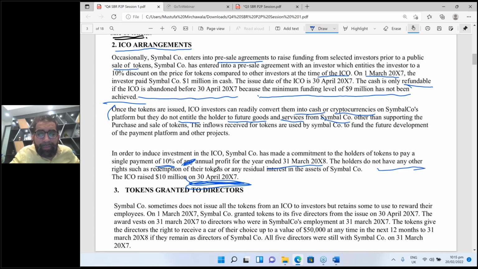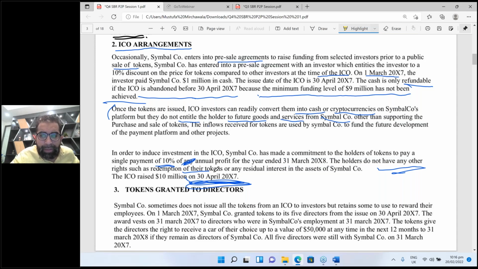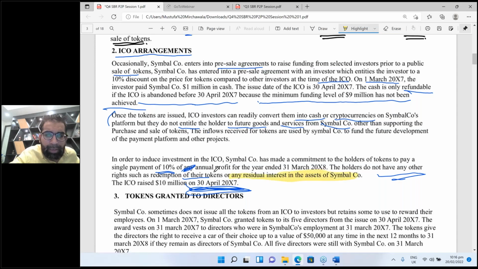The holders do not have any other rights such as redemption of their tokens, or any residual interest in the assets of symbol.